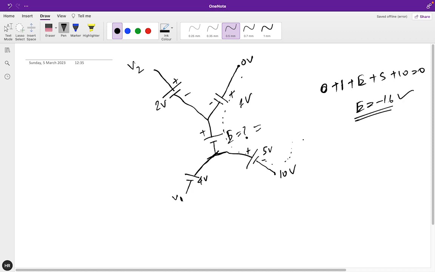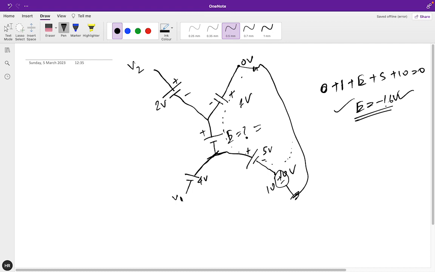That's it. Solve. This is 0 volt, this 10 volt is also 0 volt, which means it is grounded, and you can assume this 10 is positive, negative, grounded. If this is grounded, this is grounded, this is an imaginary line. So apply KVL: plus 1 volt plus 0 volt plus 1 volt plus E volt plus 5 volt plus 10 volt, and get the value of E. E is equal to minus 16 volt.